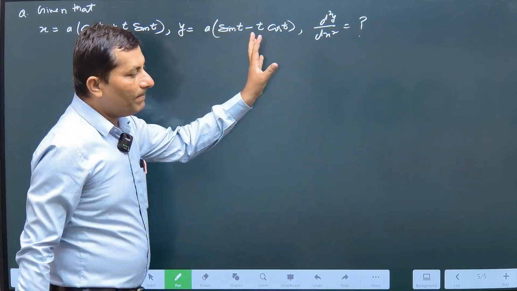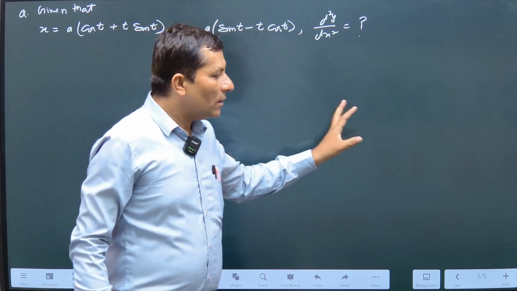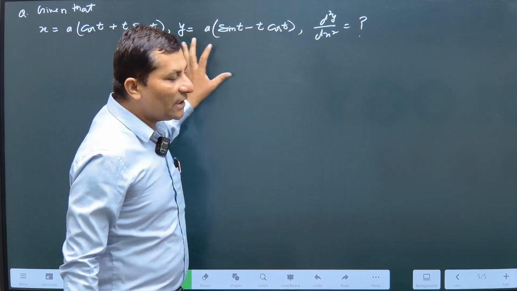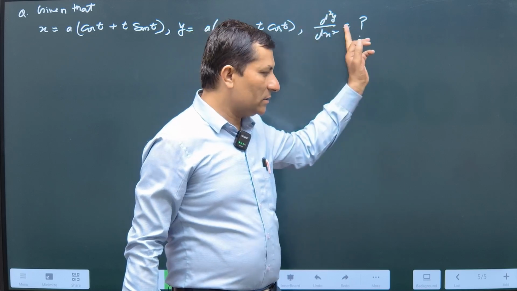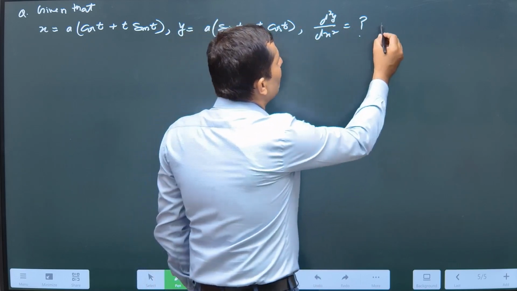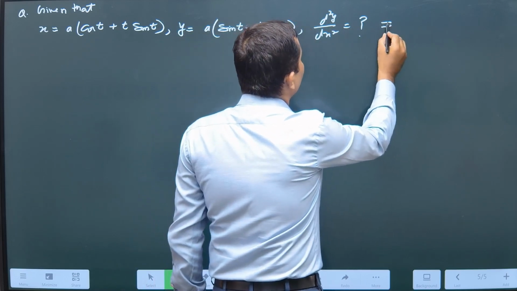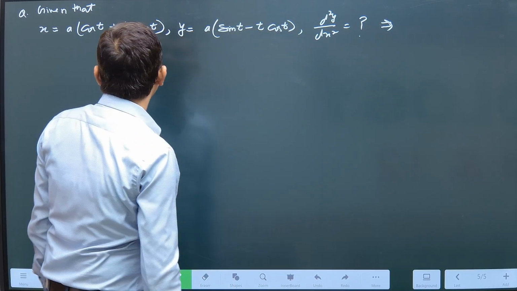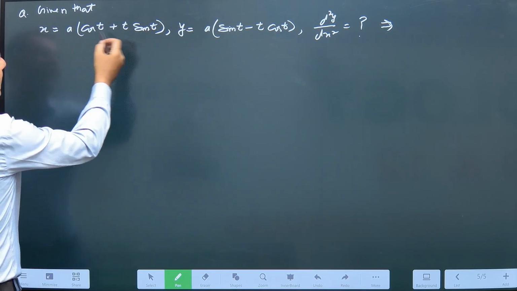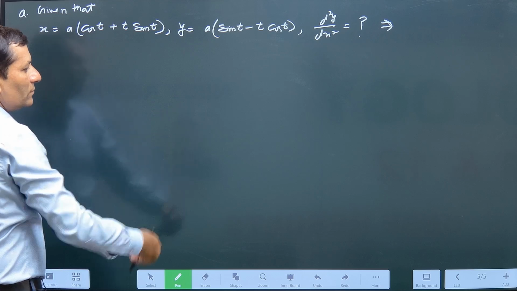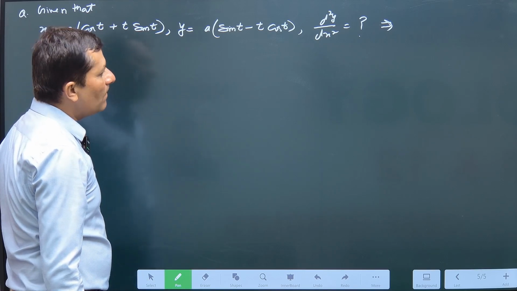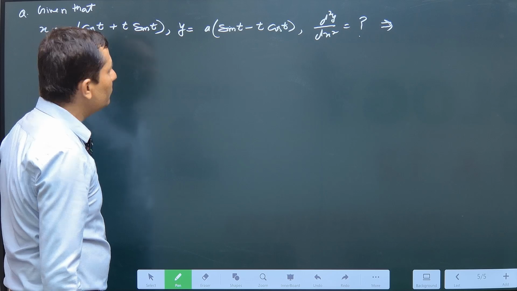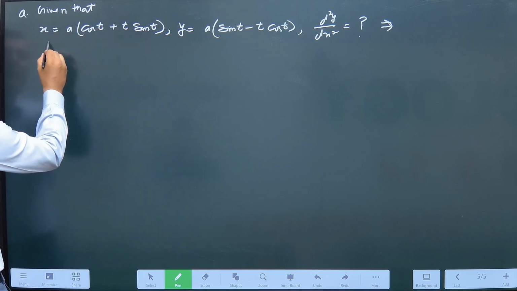पैरामीट्रिक फॉर्म है, this question is in the parametric form and you have to find out this. It means first of all you will find dx by dt and dy by dt, then find out second order derivative. Yes, solve it.